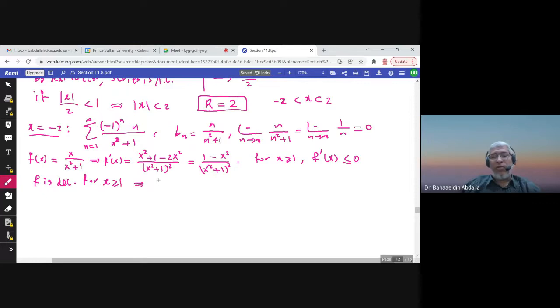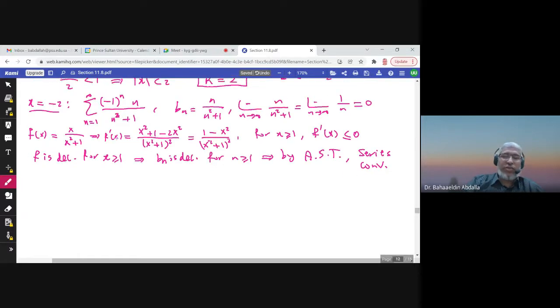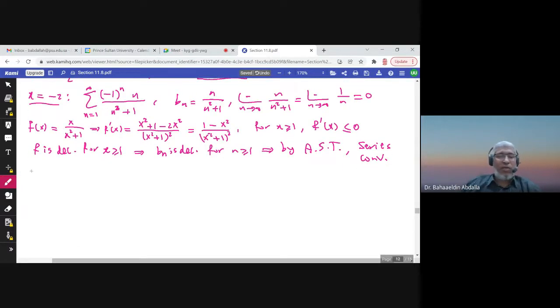This means Bn is decreasing for n greater than or equal to 1. This means by alternating series test, the series converges. So this series is convergent by alternating series test.